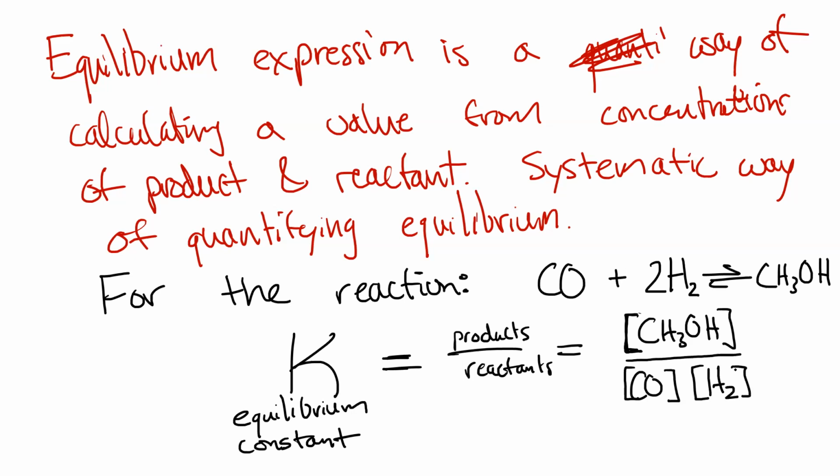Now the problem is the coefficients have an effect here. So you actually put the coefficients as superscripts. Technically we could put a 1 there and a 1 there. That's an example of how to write an equilibrium expression from a reaction.